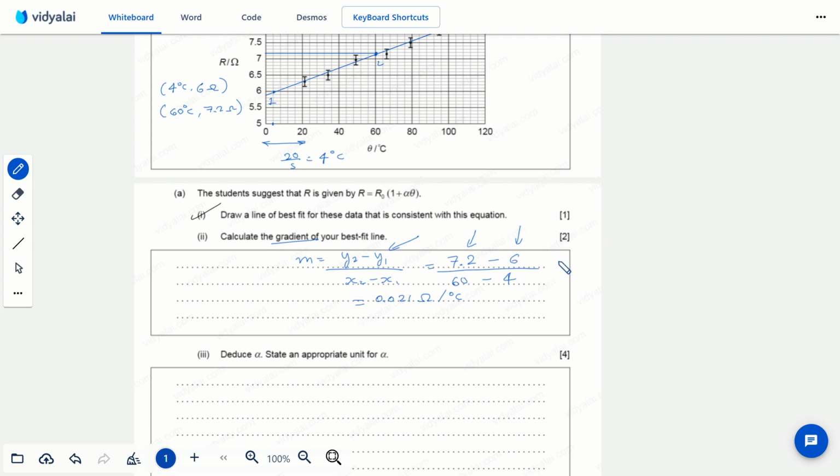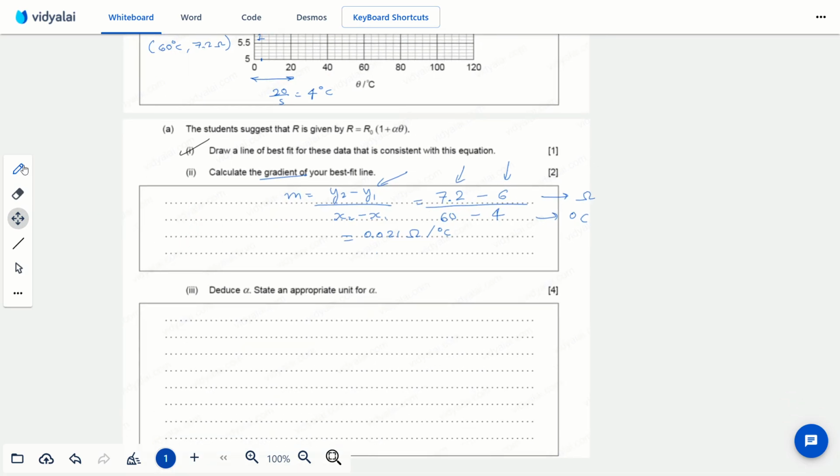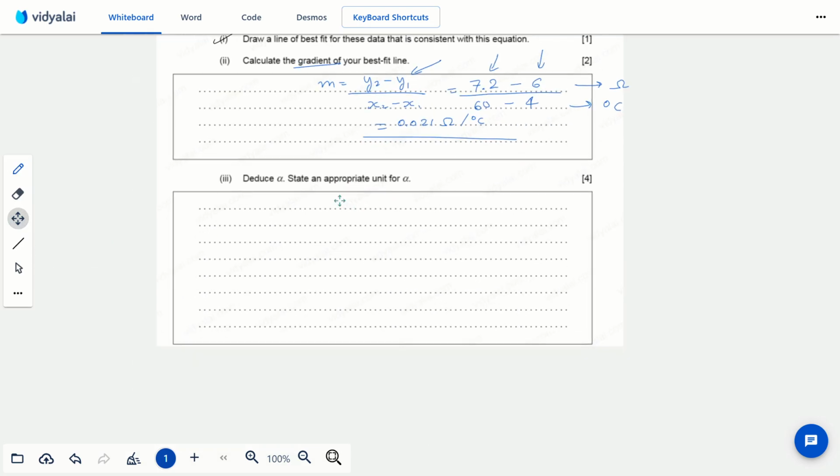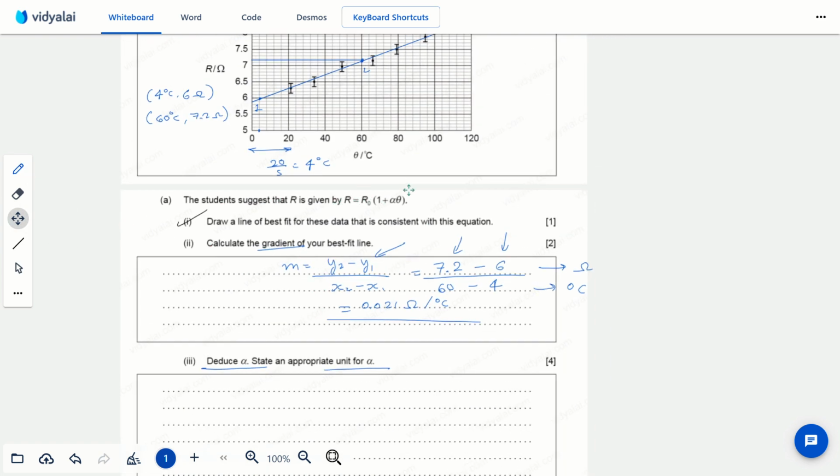Because in the numerator we got everything in ohms, and in the denominator we have these two numbers in degrees Celsius as well. So their difference would also be in the same units. Fine. So we got our gradient value, and now we have to find out alpha, and after doing that we have to assign it a unit as well, a unit that's consistent with this equation.